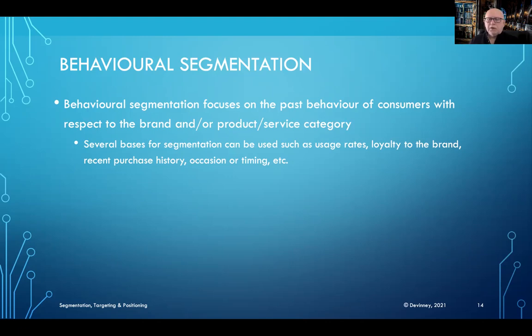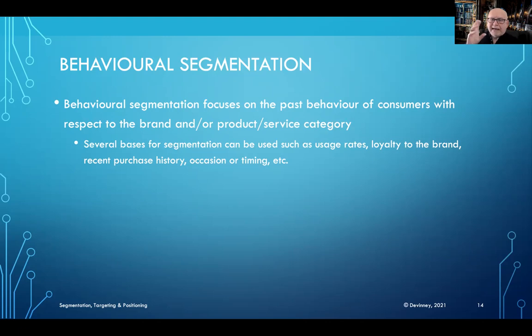So it focuses on what is known as revealed preference. A survey is a kind of stated preference: I state something, but it's not necessarily what I do. Whereas behavioral segmentation models rely much more on revealed data. How does that individual behave in the context in which you're doing things?